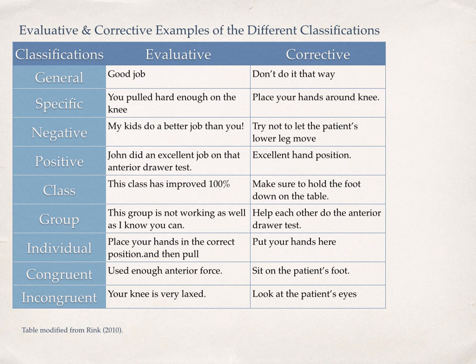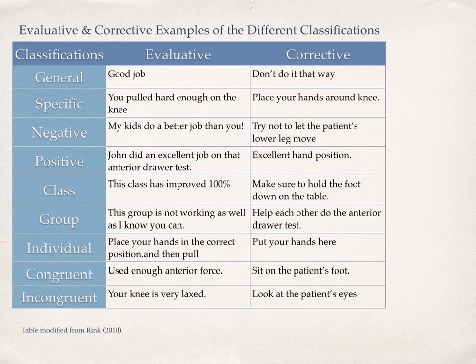It was kind of hard for me to actually come up with a corrective negative feedback. All right, so then we have the positive, which we should use. John, you did an excellent job on an anterior drawer test. So that's evaluative. Whereas corrective is excellent hand position. And so we're being positive and we're also being corrective.